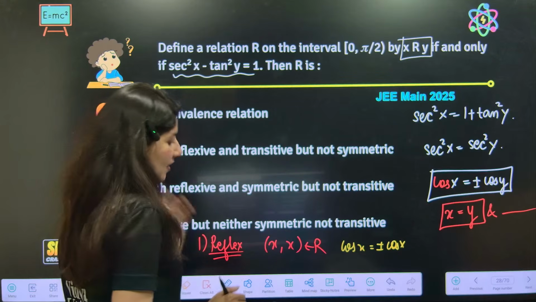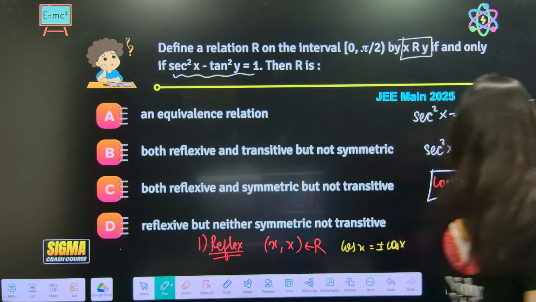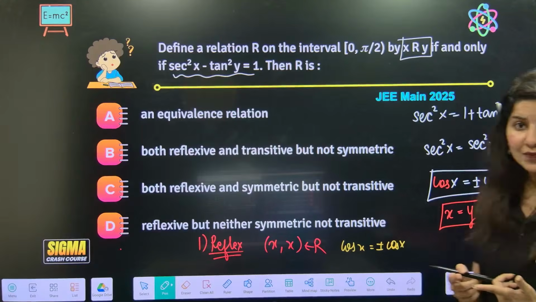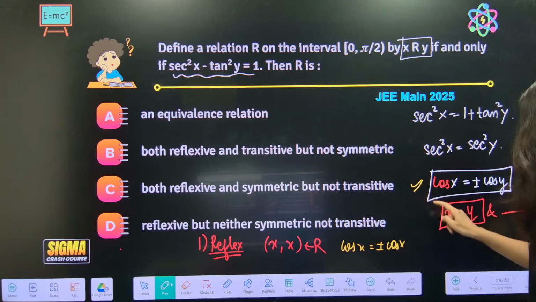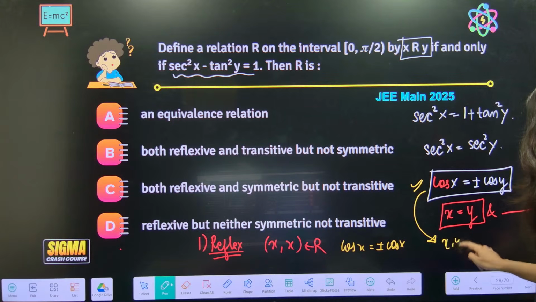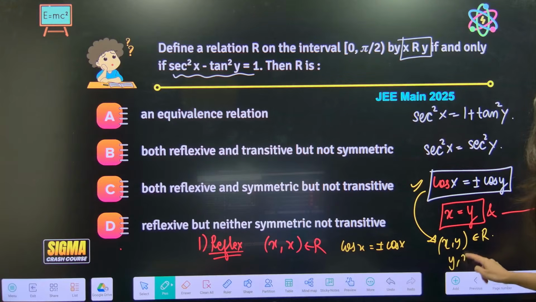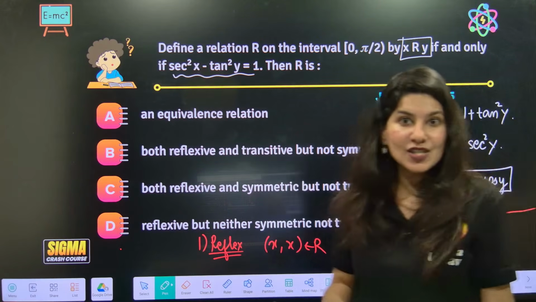Now understand, if this is the condition, now symmetry. So cos x is equal to plus or minus cos y. If this is true, then only my (x, y) will sit. If (x, y) sits, I need to check for (y, x). What is the condition for (y, x)? Cos y is equal to plus or minus cos x, which is the same condition.